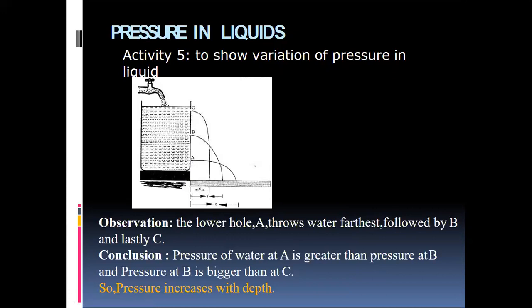Pressure of water at A is greater than pressure at B and pressure at B is bigger than C. So we can tell pressure increases with depth.